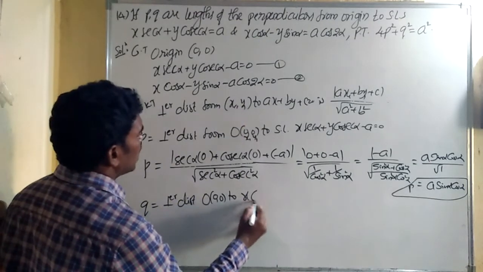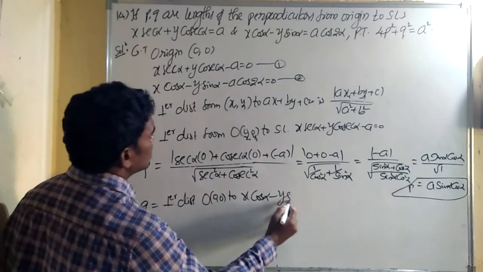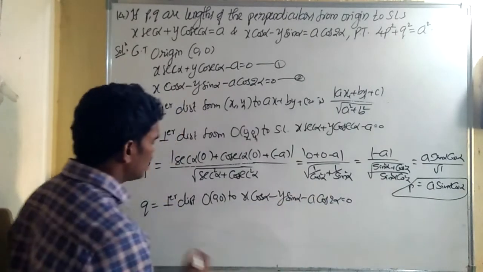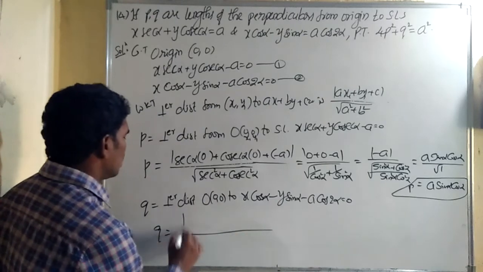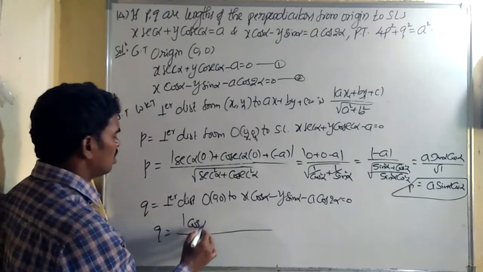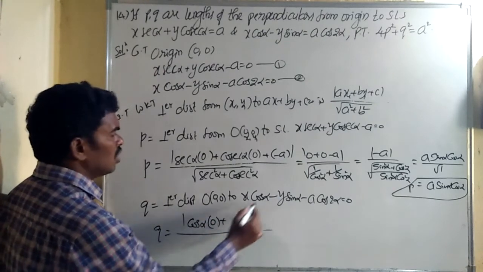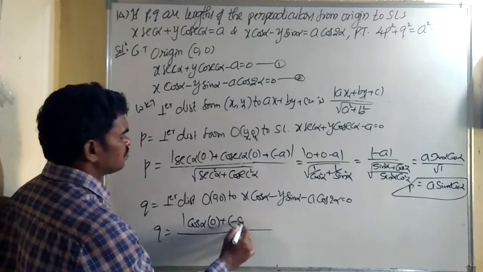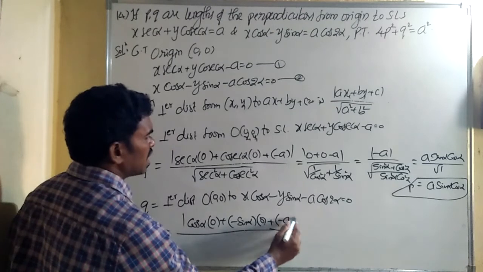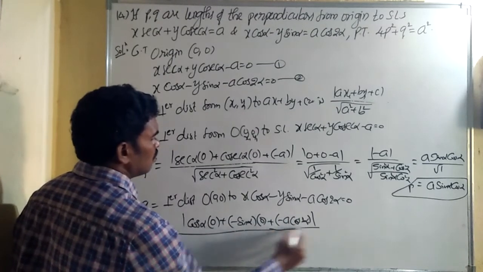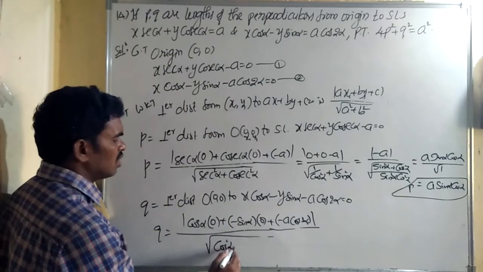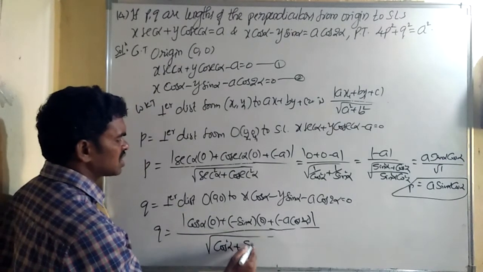What is the second line? x cos alpha minus y sin alpha minus a cos 2 alpha equals 0. So q equals modulus of the formula ax1 plus by1 plus c by root of a square plus b square. A is the x coefficient cos alpha, into x1 which is 0, b is minus sin alpha into y1 which is 0, plus the constant minus a cos 2 alpha, by root of a square, cos square, plus b square, minus sin whole square, sin square.